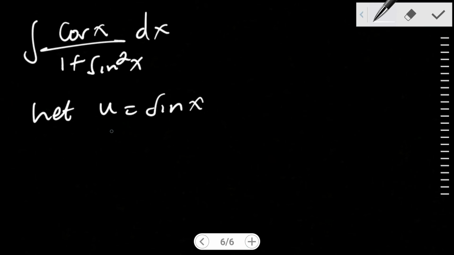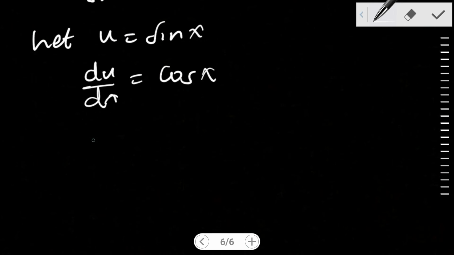And so du/dx would be cos of x in this case, but I'm interested in the dx, so dx would be equal to du all over cos of x.